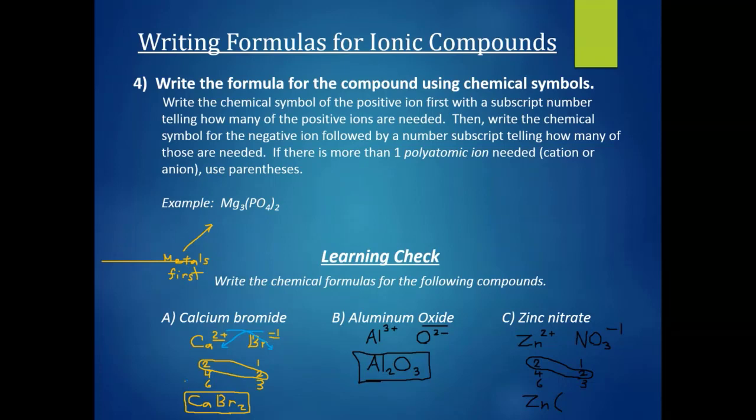Yeah, I have to put parentheses around it to indicate that I'm doubling both of those. That 2 means that I have 2 nitrogens and 2 times 3 or 6 oxygens, so 2 NO3s. So this is my answer for zinc nitrate.